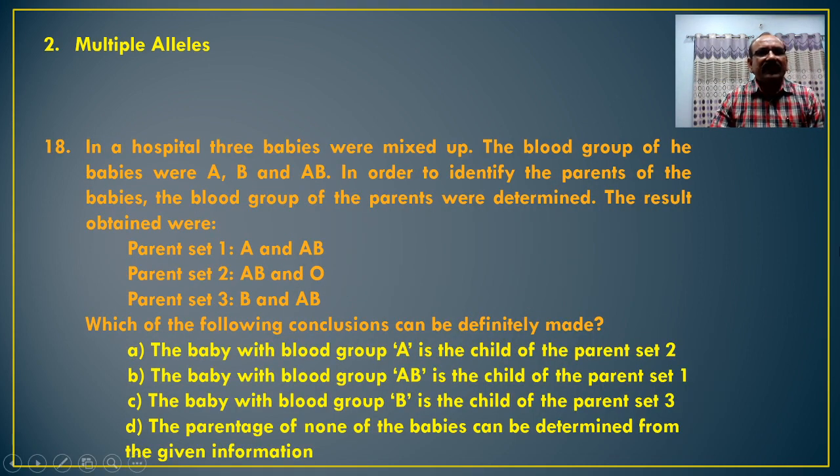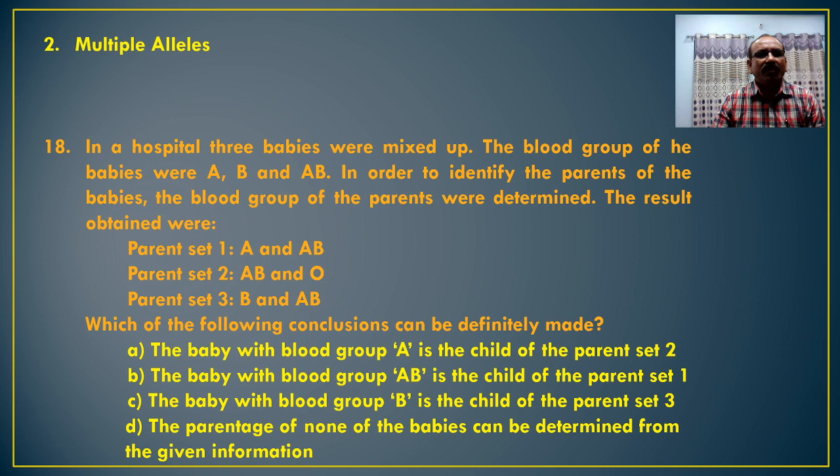In the 18th one, in a hospital 3 babies were mixed up. The blood groups of the babies were A, B and AB. In order to identify the parents of the babies, the blood groups of the parents were determined.